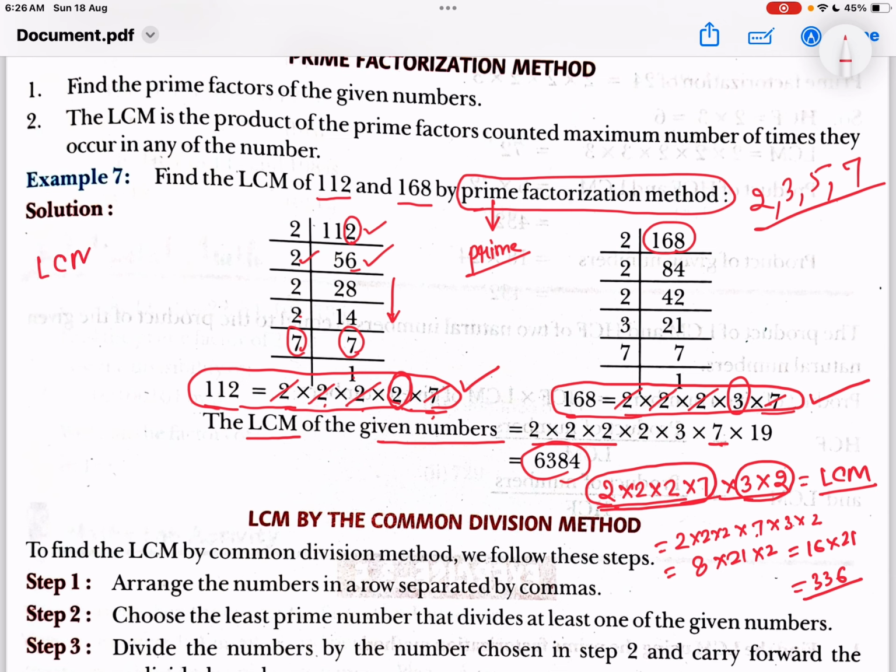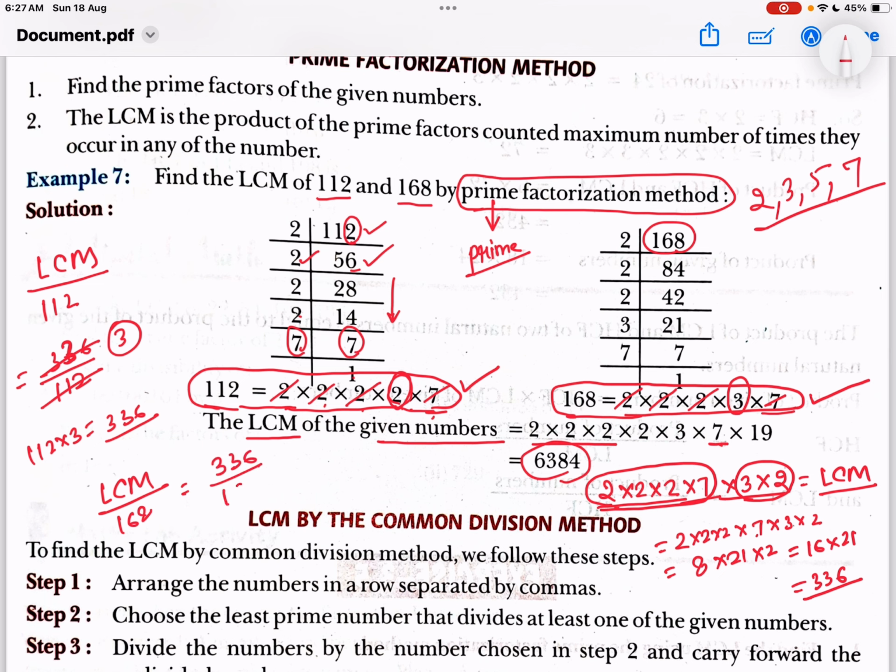Divide the LCM by the given numbers. LCM divided by 112: 336 divided by 112. 112 into 3, how much will that be? 336 we will get. So it is completely divisible. Now for the second number, the LCM by 168: 336 from 168, just double it, 168 into 2 is 336.